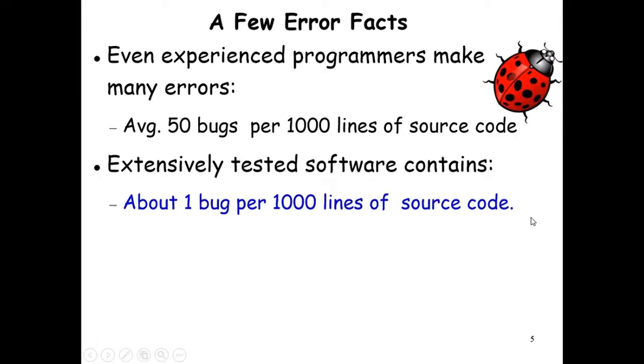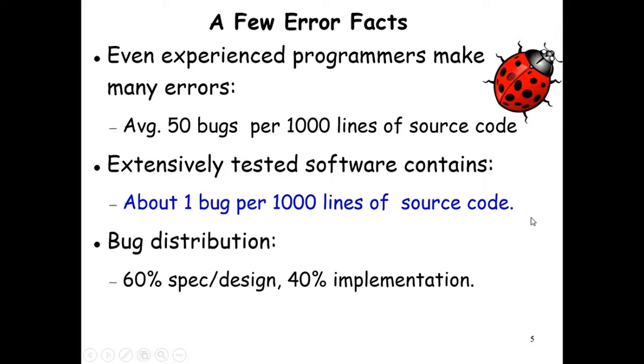Extensively tested software also contains bugs. If a code has been tested for a long period of time, there may still be a bug, and on average one bug may be present in every 1000 lines of source code.